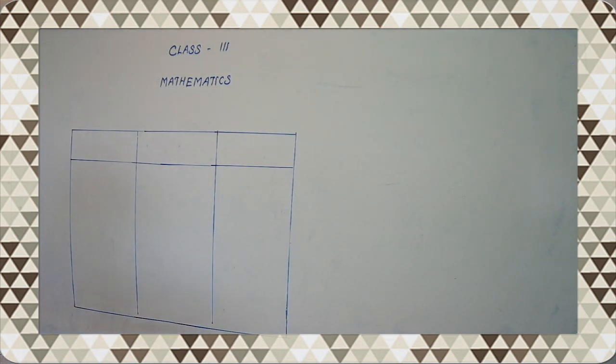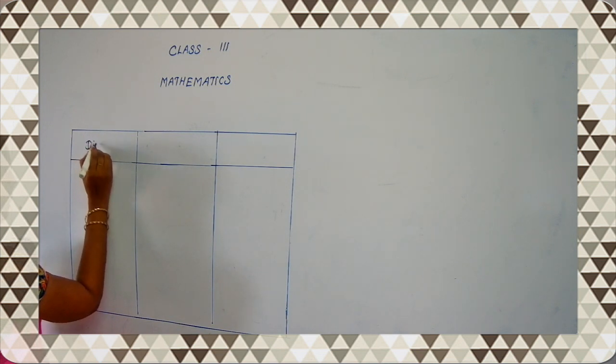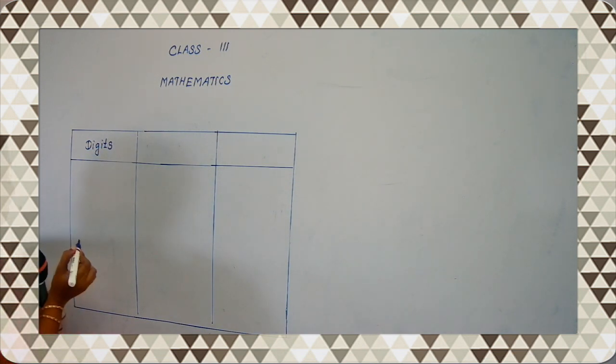It is easy to find out the digits and smallest greatest number. One small hint, okay. First, you draw one box and write digits. D-I-G-I-T-S, digits.